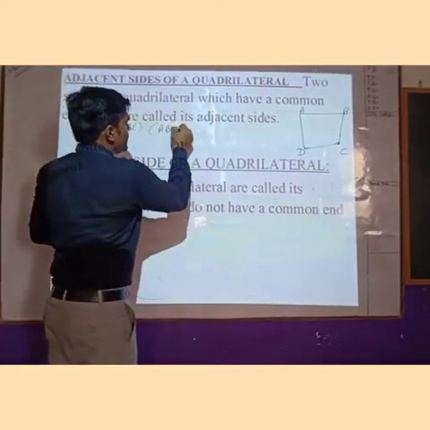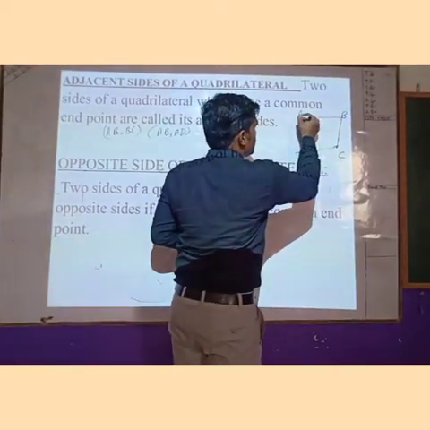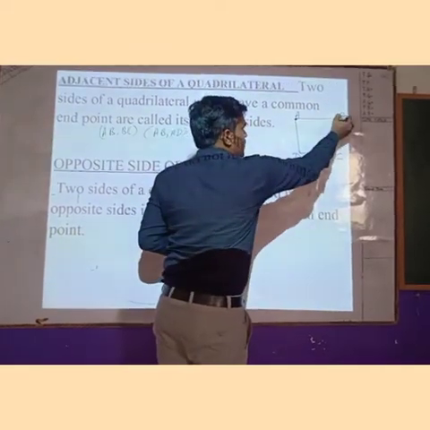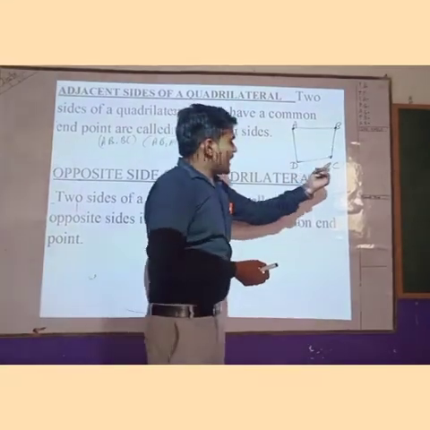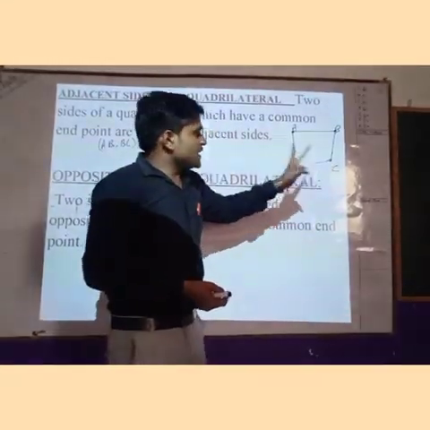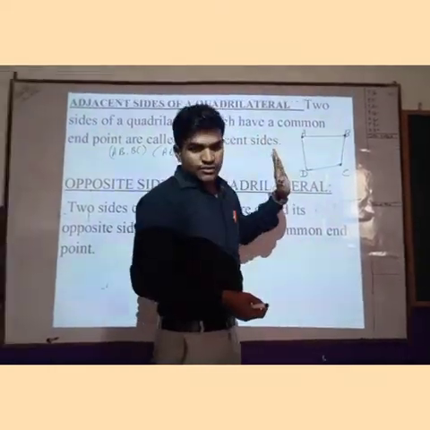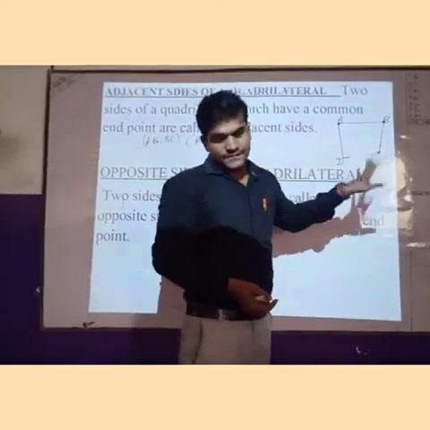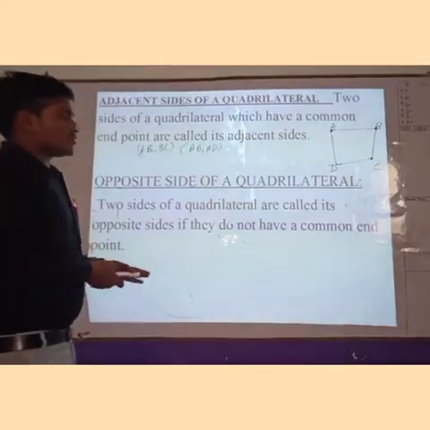AB and AD have a common vertex, that is A, and AB and BC have a common vertex, that is B. What are the adjacent sides of CD? There are 2 adjacent sides, CB and DA.